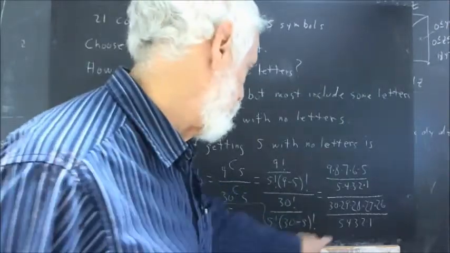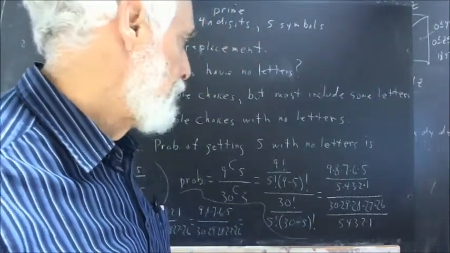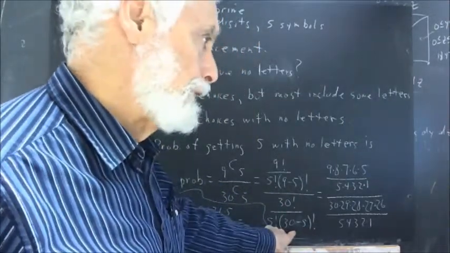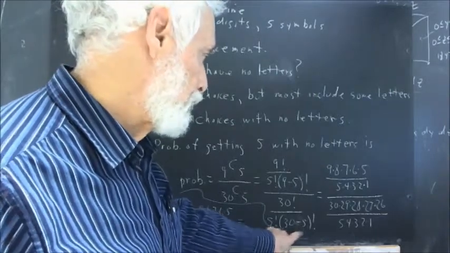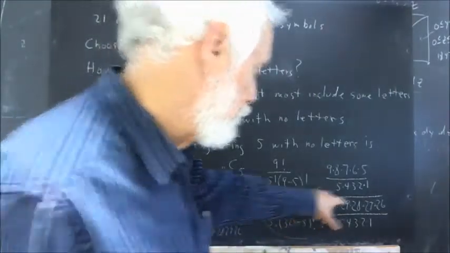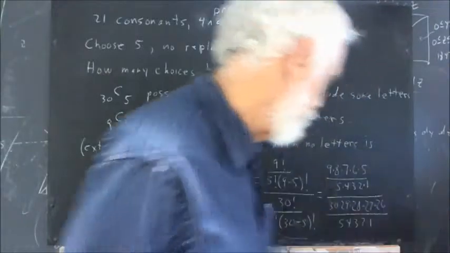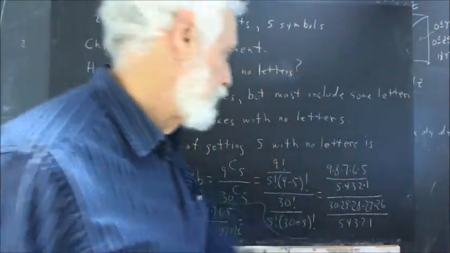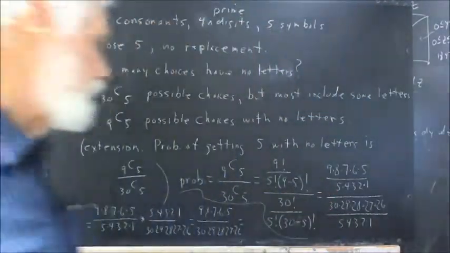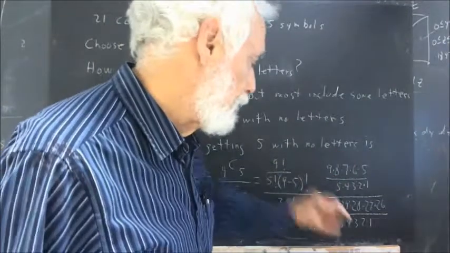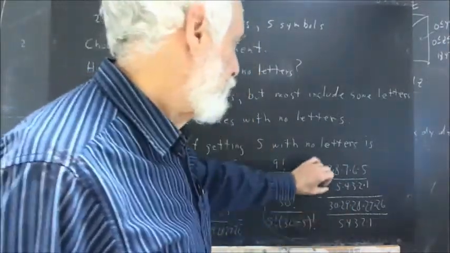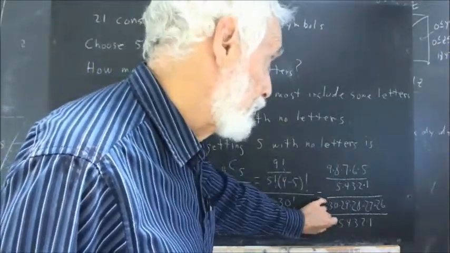And a similar thing happens with the 30 factorial. The 30 minus 5 is 25. 25 factorial is going to take care of everything in the 30 factorial from 25 down to 1, and we're going to be left with these expressions. Okay, now we're dividing a fraction by a fraction, which means that we multiply this fraction by the reciprocal of this fraction.